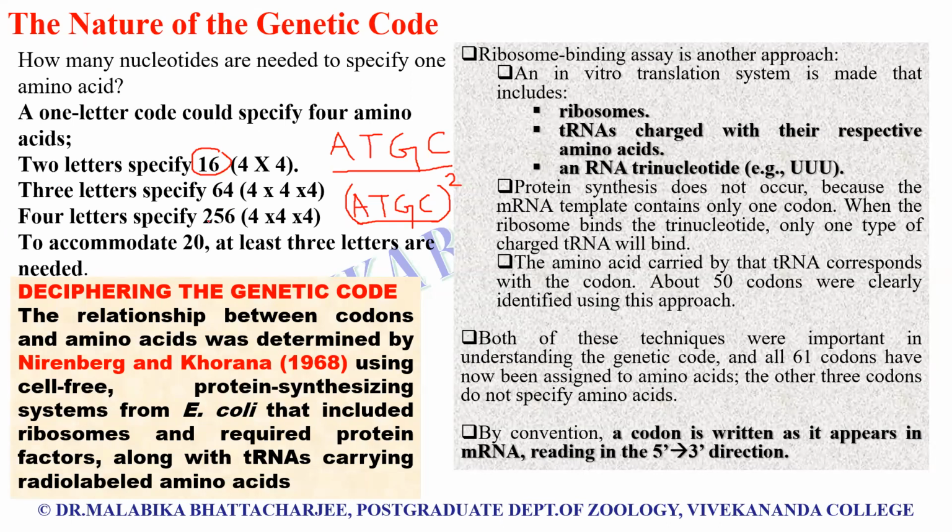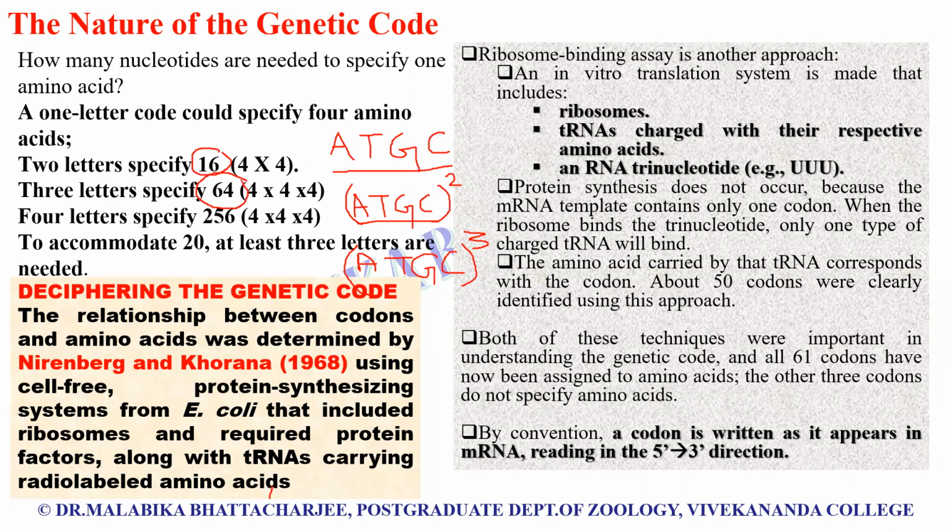So the next approach was to change the combination number. If we now have A, T, G, C, and these bases are taken in combination of any three, so there are four bases and any combination of three, 4 into 4 into 4 gives 64 combinations.